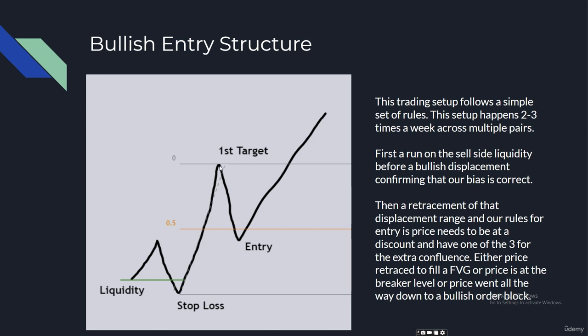Then a retracement of the displacement, and our rule for entry is price needs to be at a discount and have one of the 3 extra confluences: either price retraces to fill a fair value gap, or price is at a breaker level, or price went to a bullish order block. But price has to be below a 50% level and in confluence with the fair value gap, the breaker, or the order block before you can go long.